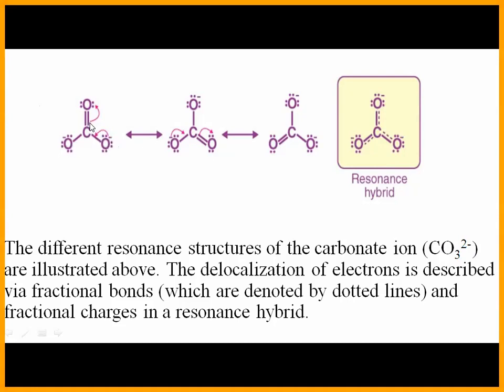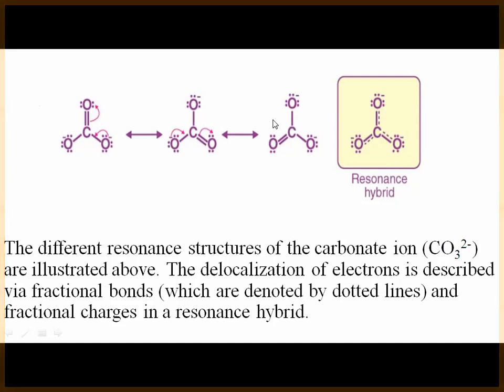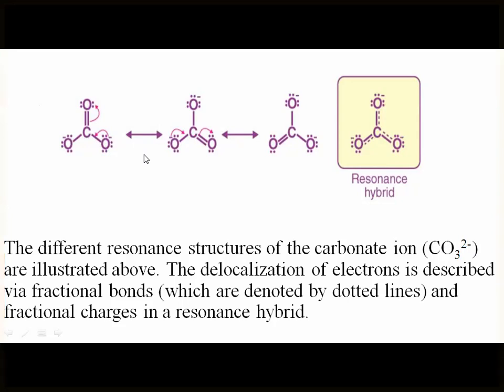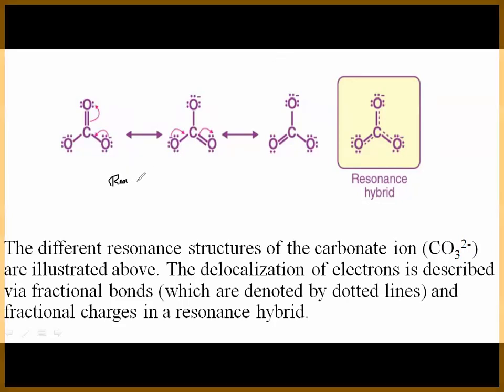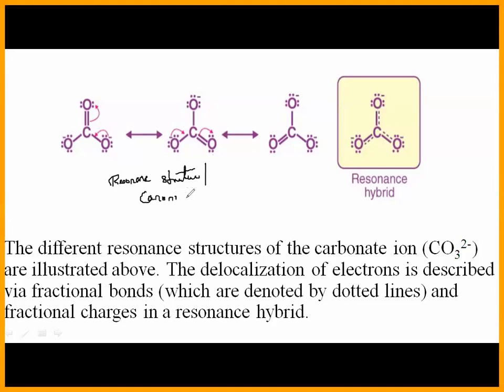Yes. So I can shift this double bond here also. I can get the double bond here also. So depending on that, I have different structures. And these are called what? They are called resonance structures, or canonical structures, or they are also called contributing structures.